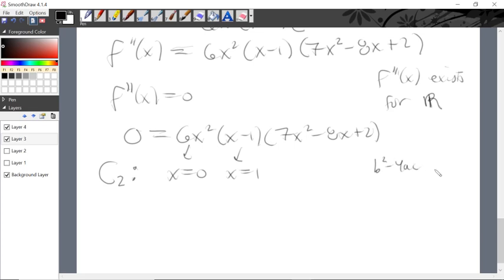B squared minus 4ac, in this case, is 64 minus 4 times 7 times 2. So 8 times 7 is 56. 64 minus 56 is 8. So the discriminant is greater than 0, so this is going to have real solutions. So we get x equal to negative b, which is 8, plus or minus the square root of the discriminant, which was 8, over 2 times 7, which is 14.